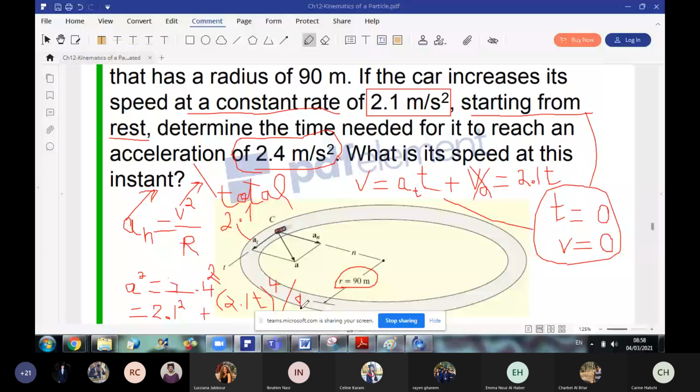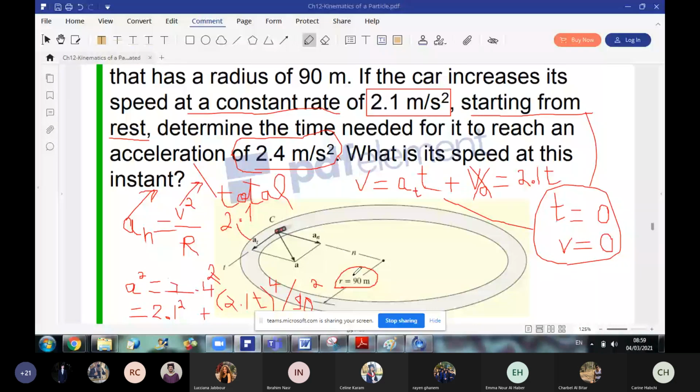The only unknown in this equation is the time needed to reach an acceleration of 2.4. I calculate t from this equation, and once I find t, I replace it in the velocity relation to get the speed at this instant.